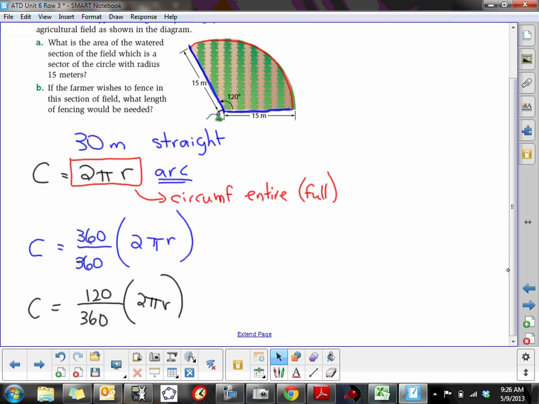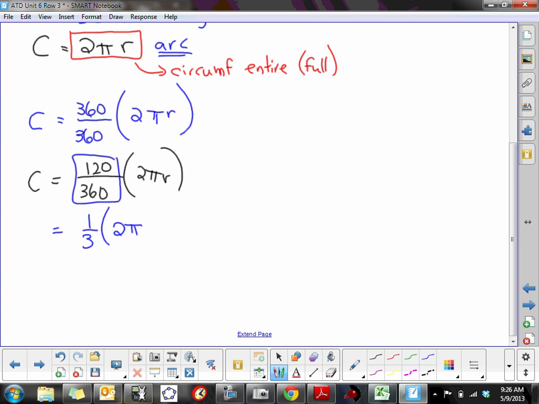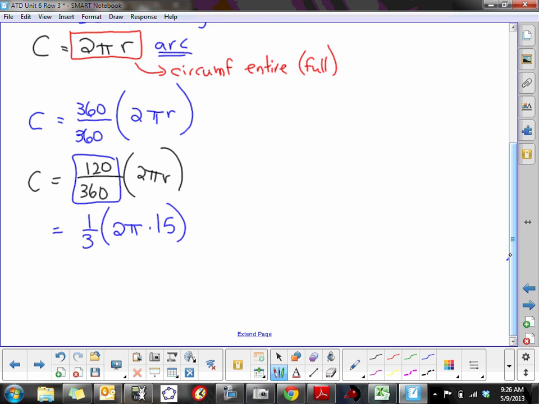I'm going to do a couple simplifications here, and then we'll do our calculation. Again, this is nothing more than 1/3. We want 1/3 of the entire circumference of the circle, so 2 times pi times our radius, which is 15. Yeah, our radius is 15. So 1/3 of 2 times 15 is 30 pi, and a third of 30 is 10 pi to be exact, or approximately 31.4 meters.